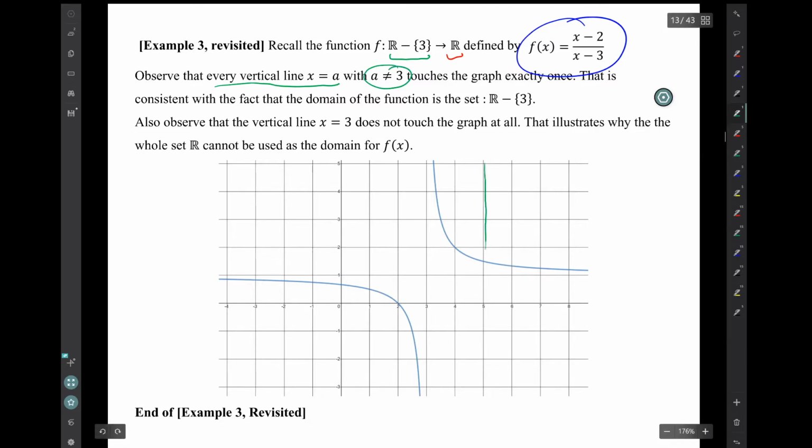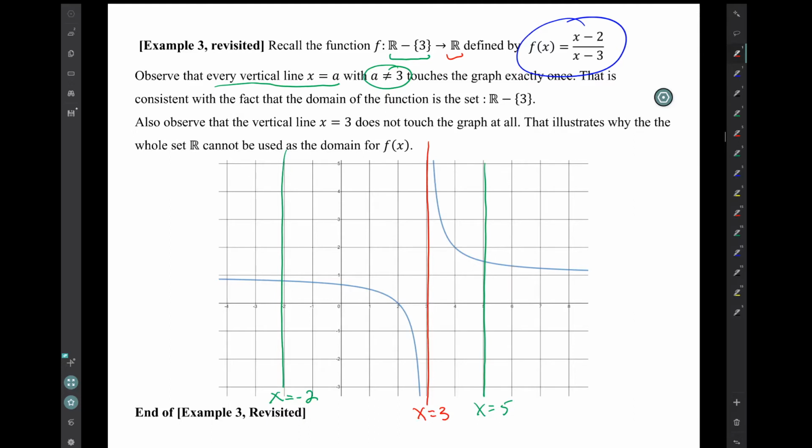So for instance, here's the vertical line with equation x equals 5. Here's the vertical line with equation x equals minus 2. Notice that there is one vertical line that does not touch this graph at all. The vertical line x equals 3 does not touch that graph at all. But that's okay, because x equals 3 is not in our domain. The domain is all real numbers except 3.